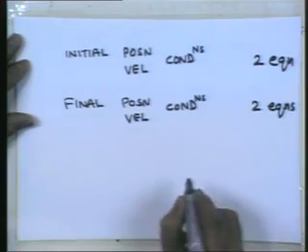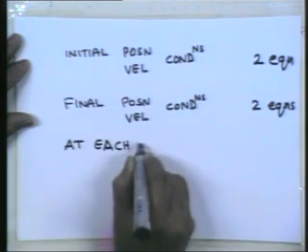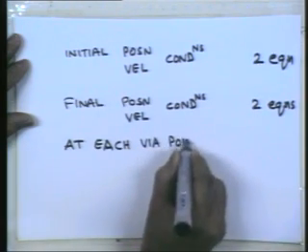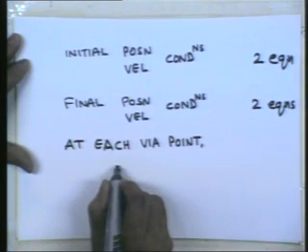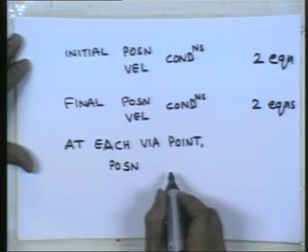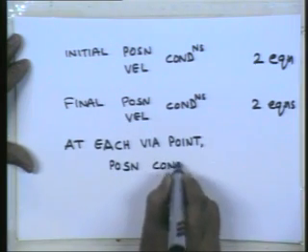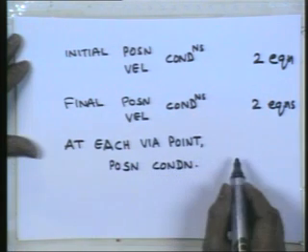Now, at each intermediate position, at each via point, you have a position condition. Position condition is that whether you come from the left segment or from the right segment, the position has to be the prescribed position. So, you have actually 2 equations.